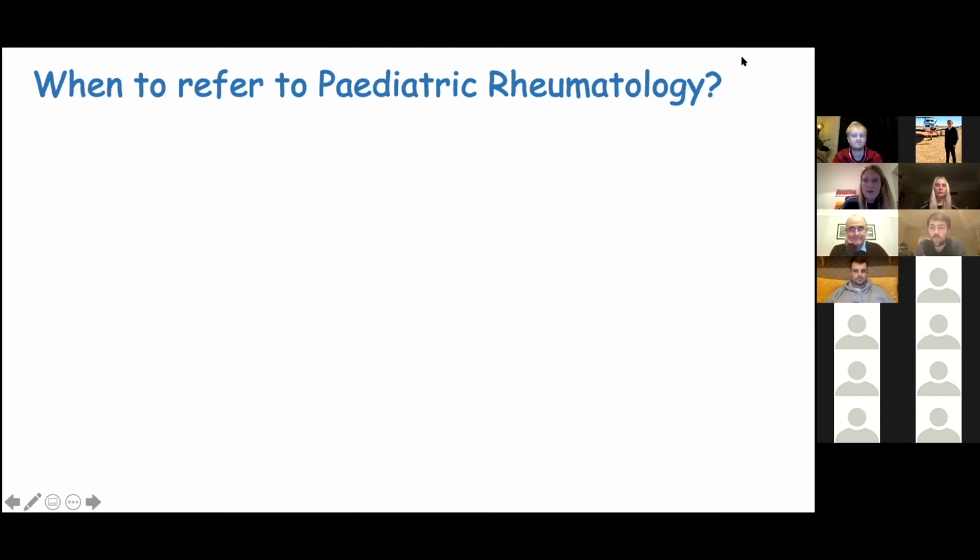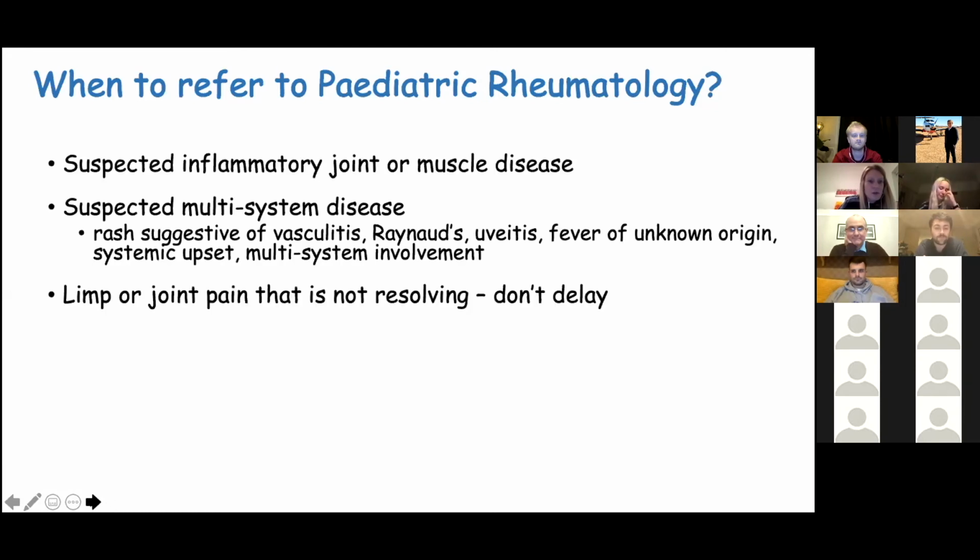So in terms of when to refer to pediatric rheumatology, it's really important that we see these patients quickly. Just to give you a feel for some of the things that would make us want to hear about these patients. Anytime that you suspect one of these inflammatory disorders or problems with muscle weakness, these are important to be picked up soon.